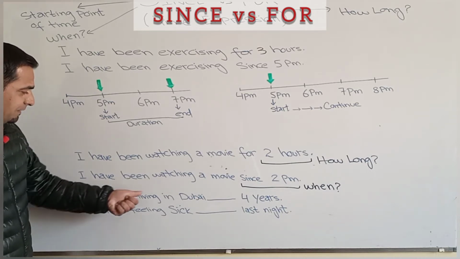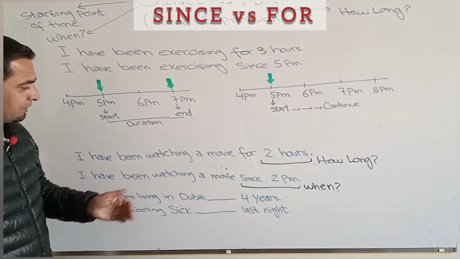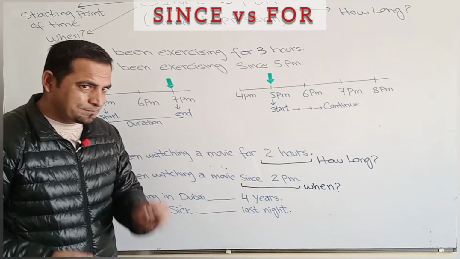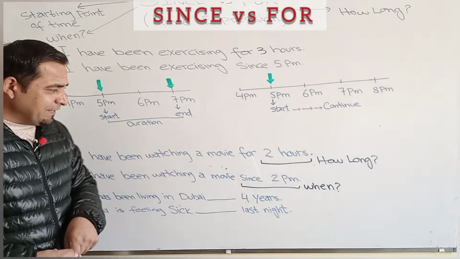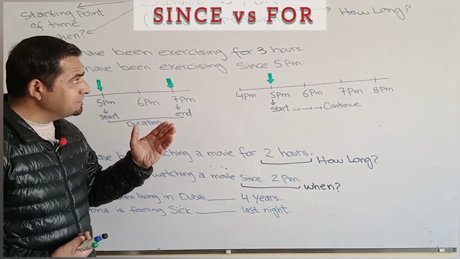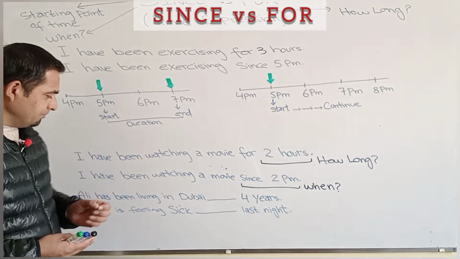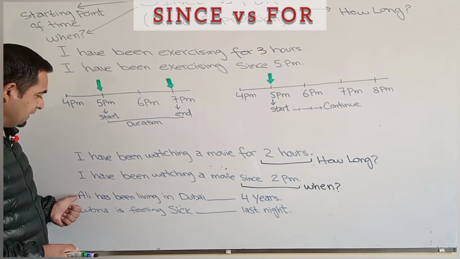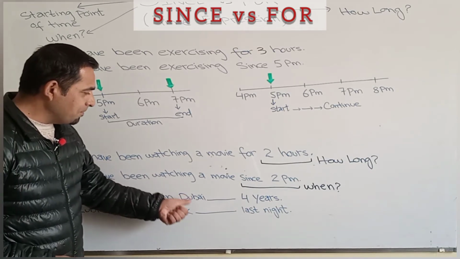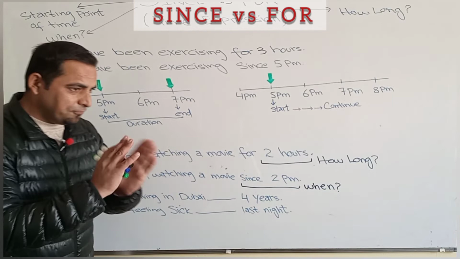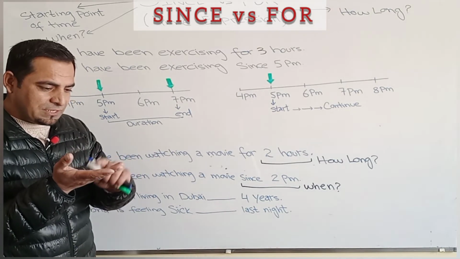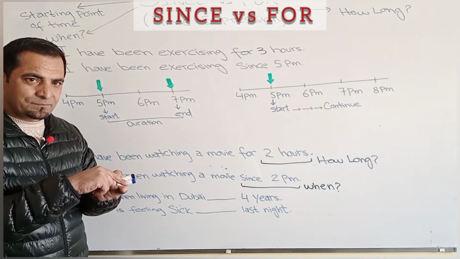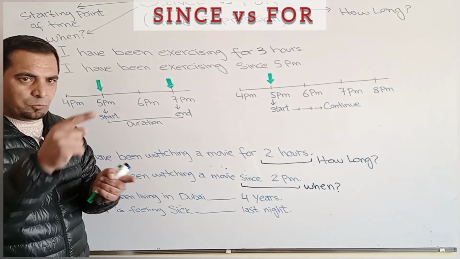Ali has been living in Dubai dash 4 years. Take a minute, decide whether you're going to use since or for. Ali has been living in Dubai dash 4 years. So 4 years means that I can calculate when it started and when it concluded.